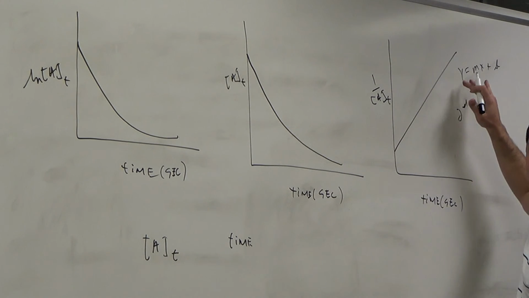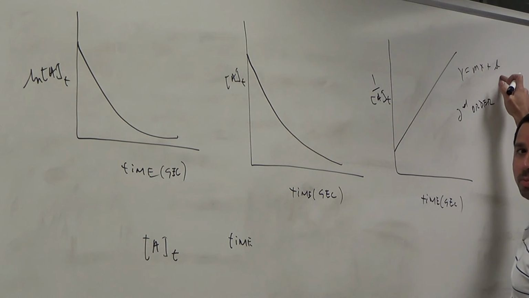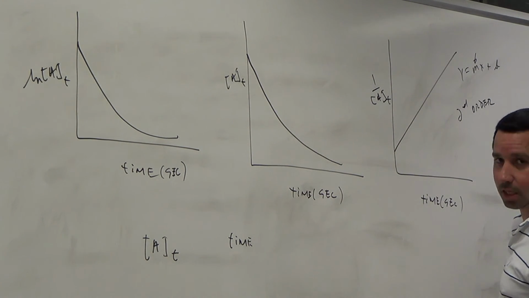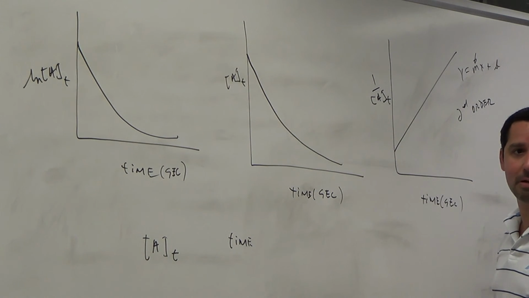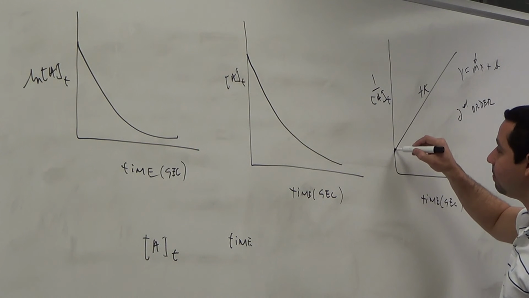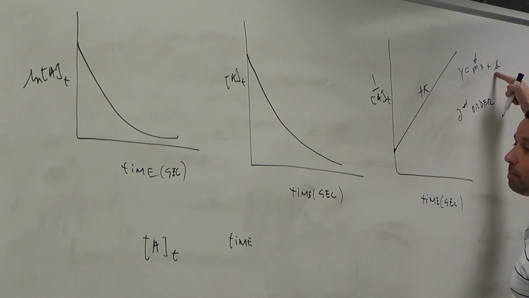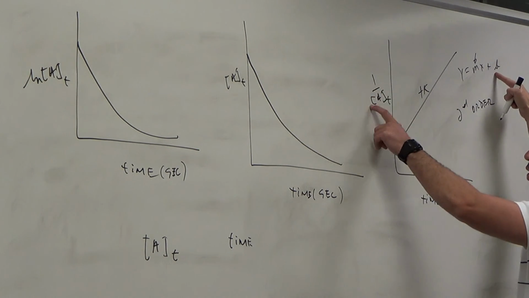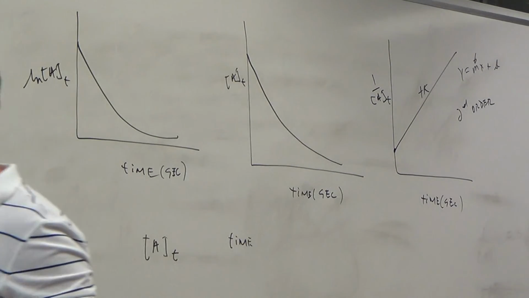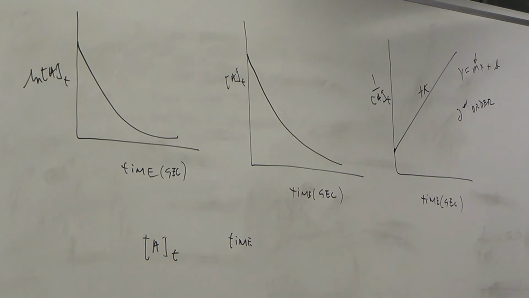From there, you know that the slope will be m, but what will it be? Positive k. And the y-intercept, which is this number, what would that be? 1 over [A]0. Yes? And from there, you can find the slope, and you can find the initial concentration.